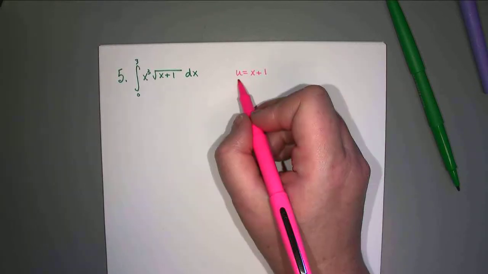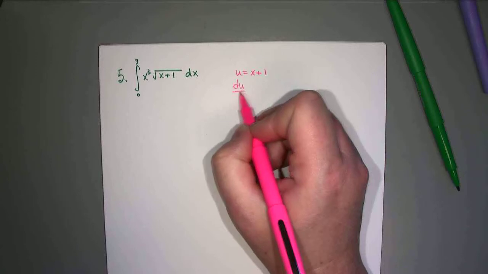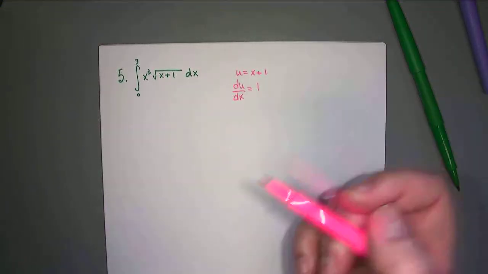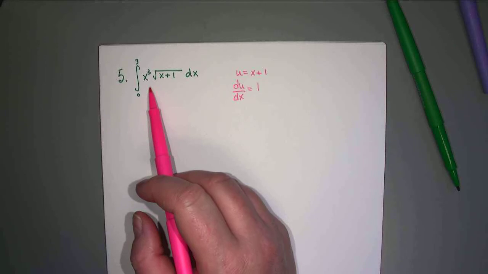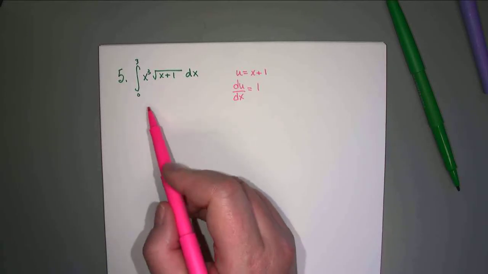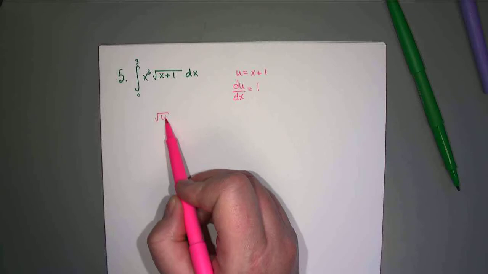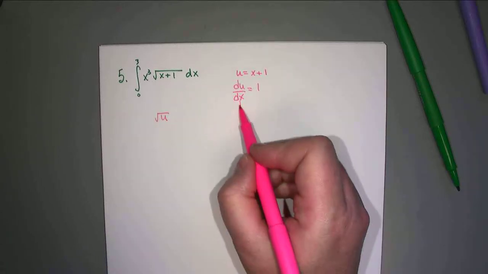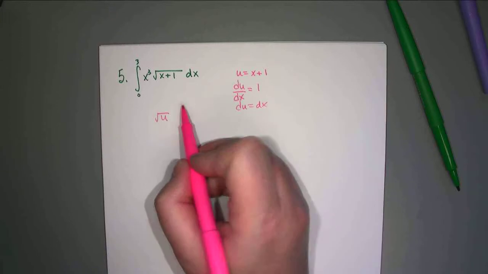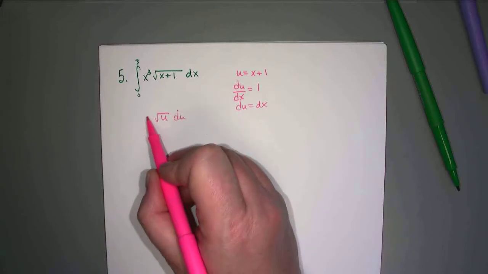Okay, well if it doesn't work, we'll just stop and I'll make a new one, but I'll show you, because this is what you would do anyway when you're integrating. What that will do when we plug it in, we'll have square root of u, and then dx is du. But we'll still have this x cubed here.